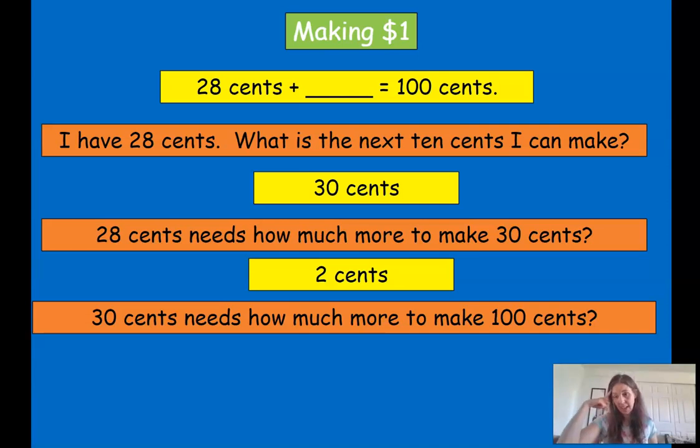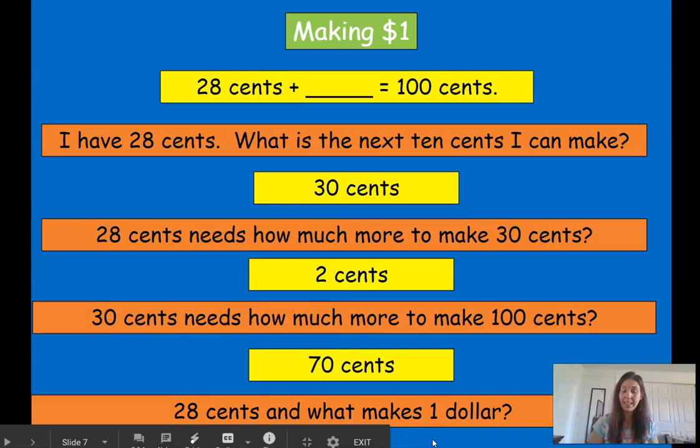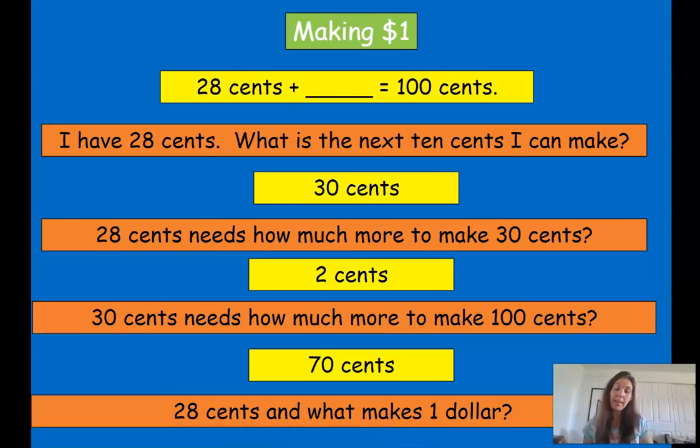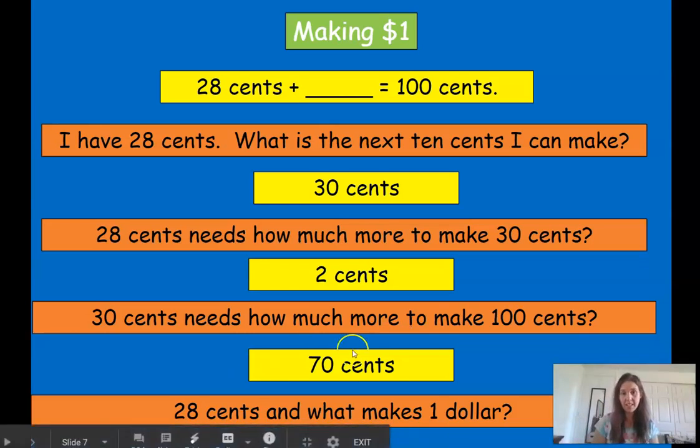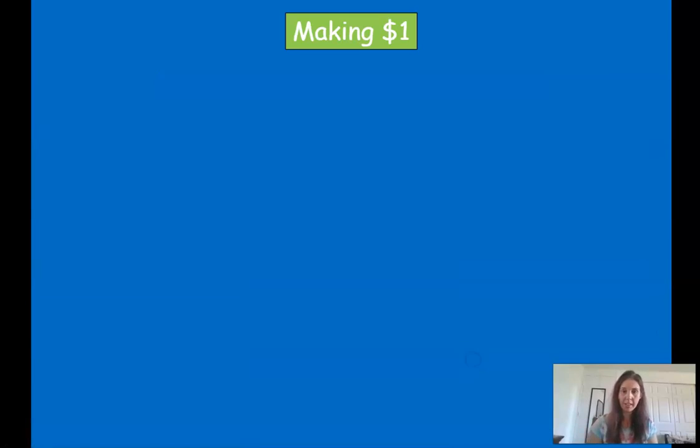You can say 30 in your head, and you can count by tens up to 100. 30, 40, 50, 60, 70, 80, 90, 100. That gives us 70. So 28 cents and what makes $1? So we have to add together 70 and 2. 72 cents plus 28 cents equals $1.